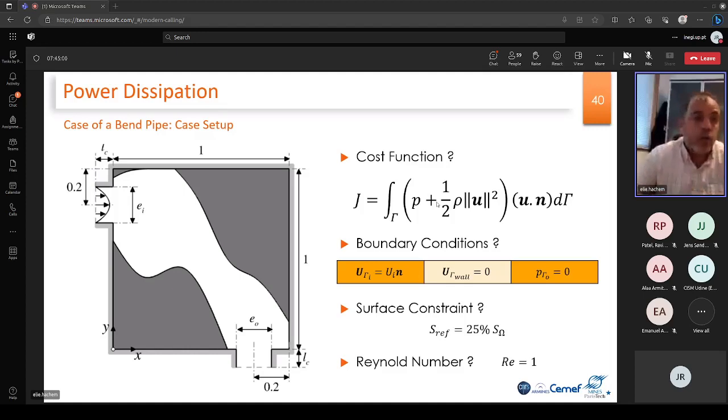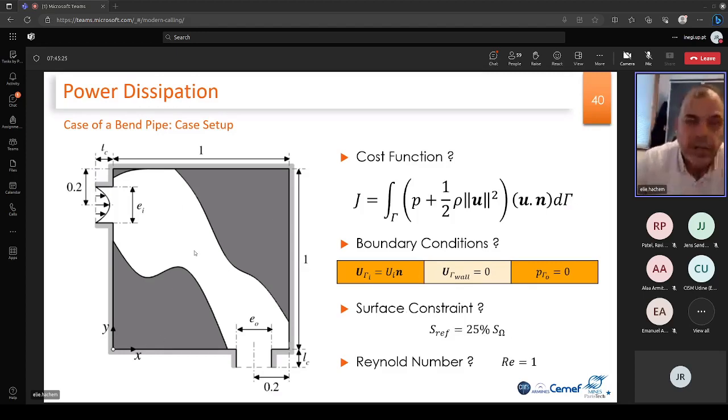Remember that this cost function will help you when you derive it. It will help you design all the boundary conditions that you need for both the adjoint and the Navier-Stokes equation. And we can put a reference surface. That means the surface we are going to obtain here, I don't want it to exceed 25% of the whole surface.